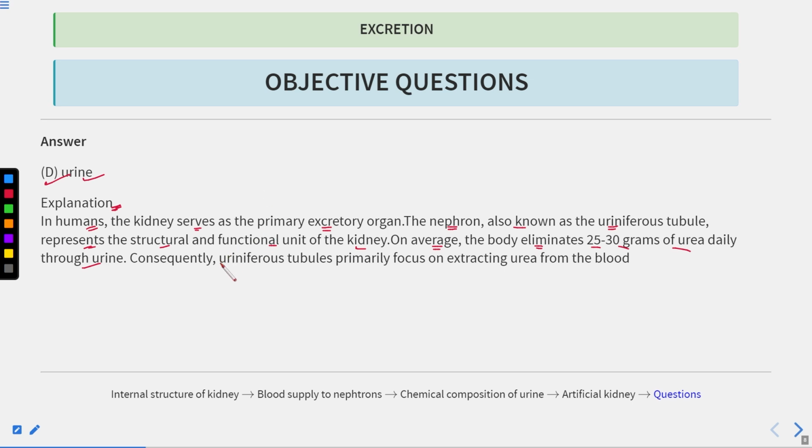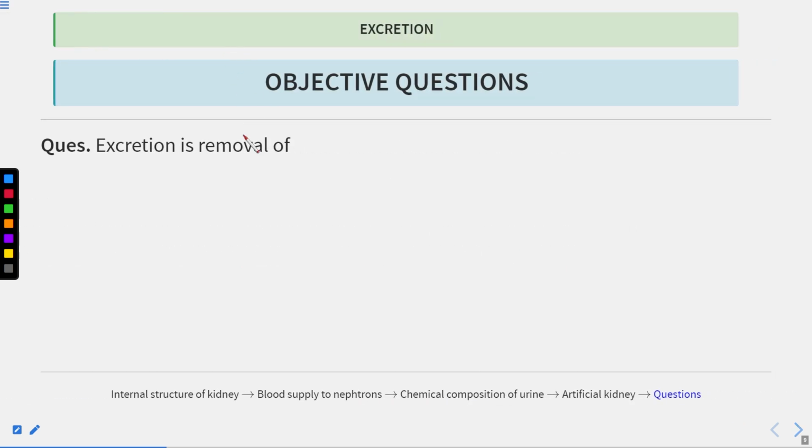Consequently, the uriniferous tubule primarily focuses on extracting urea from the blood. And this urea is then discharged out of the body through the urine. Okay, this is clear. Now let's talk about the next question.